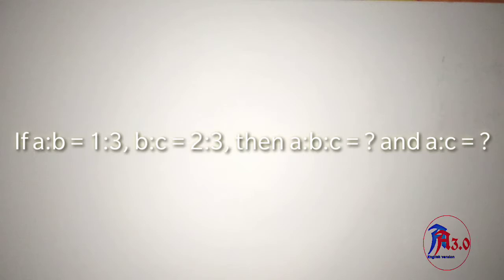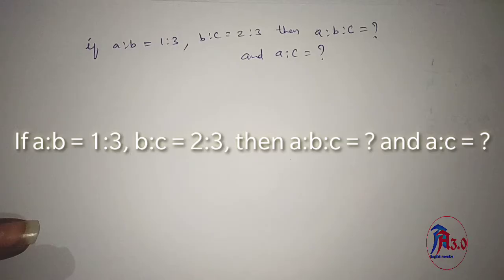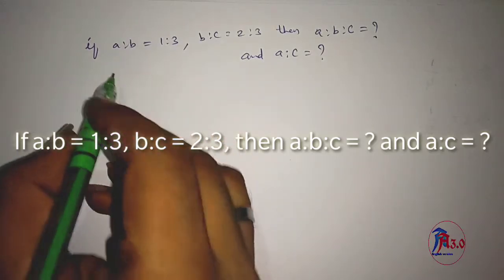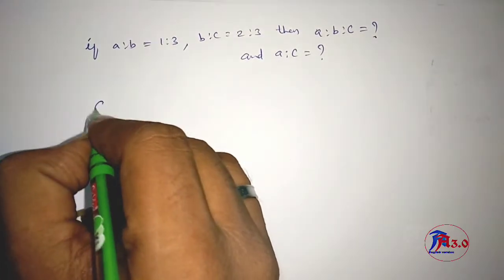The question is like this: if A is to B is 1 is to 3, B is to C is 2 is to 3, then what is A is to B is to C and A is to C? Here is the question. Let us see.